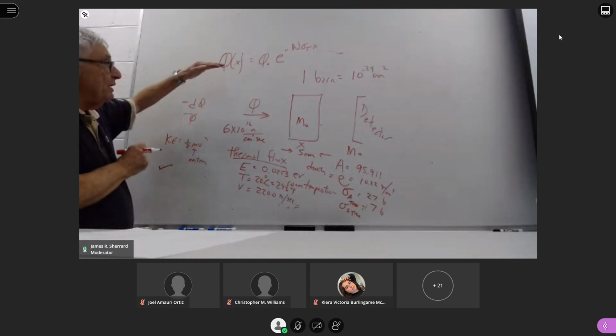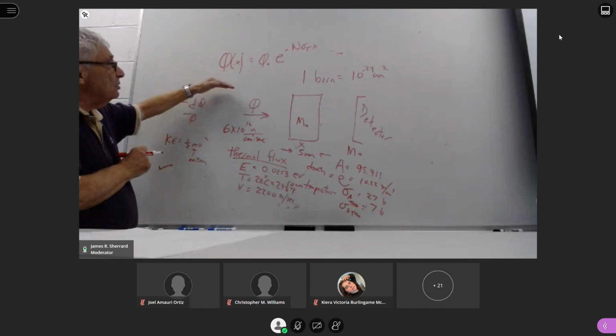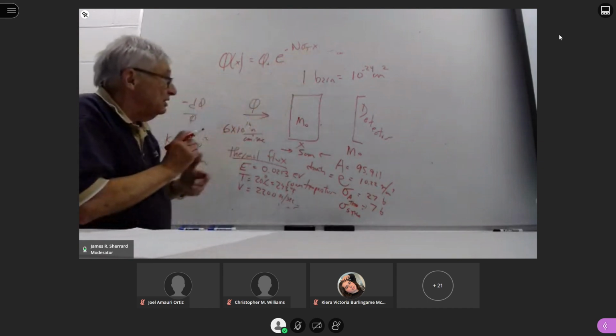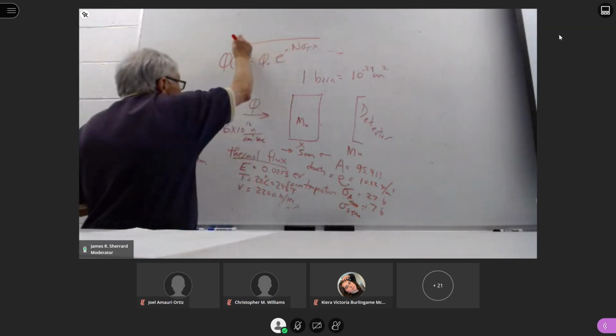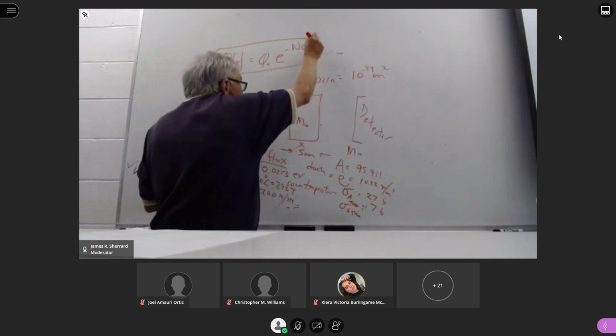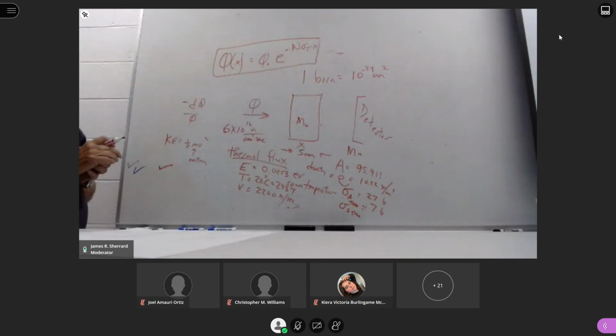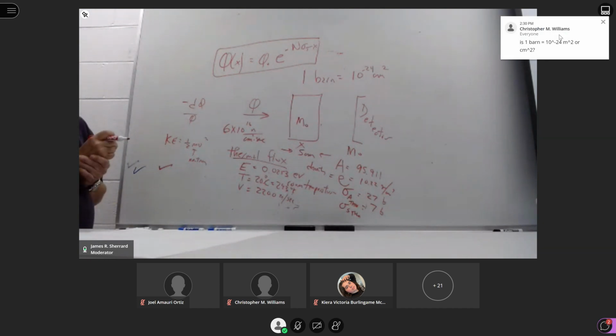We're going to go back. We have developed this equation to determine the flux after it's gone a particular distance x. So if we look at this equation, how many variables do we have? And what are they?